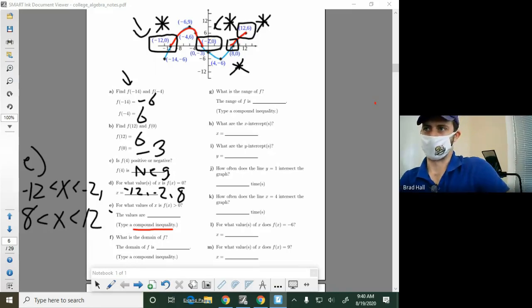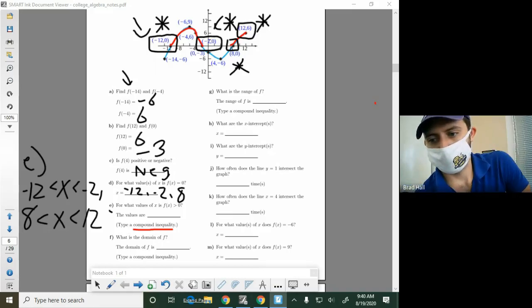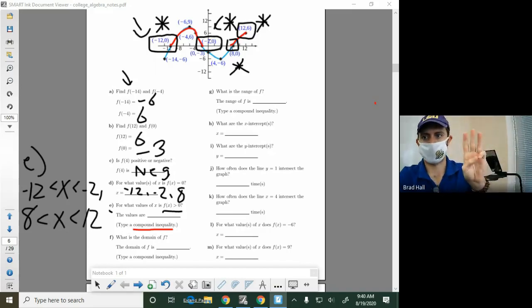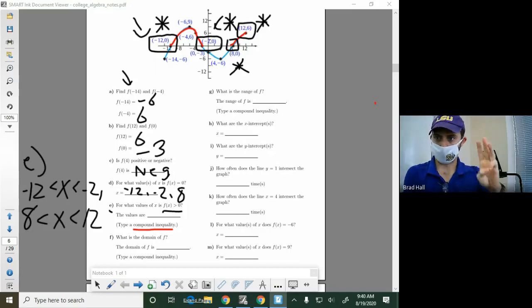But there's one exception here. So I didn't really address why I'm using less than signs as opposed to less than or equal. It says here, when the function is strictly greater than 0, which means exclude all of the points that lie on the x-axis. So the first 3 points that I identified here, the -12, the -2, and the 8, they lie on the x-axis.